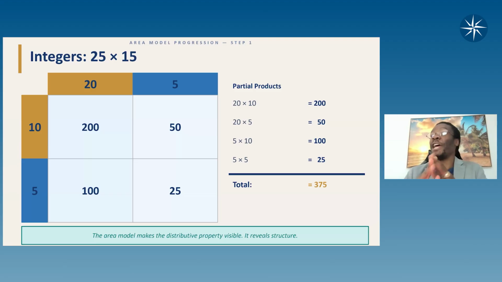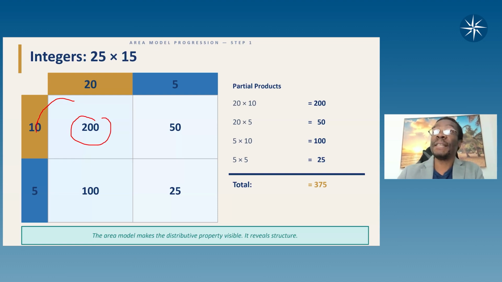And this area model can be modeled using physical tools as well, so manipulatives. So what we have done here is to decompose 25 into 20 plus 5 and 15 into 10 plus 5. So we have an area model. And now we are going to multiply to get each of the products. So we multiply 10 by 20, which gives 200, 10 by 5, which gives 50, and then we continue.